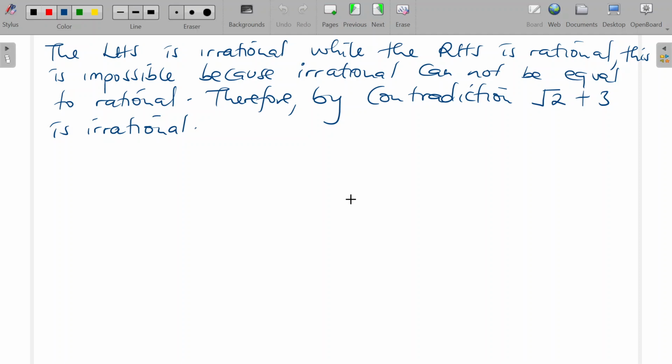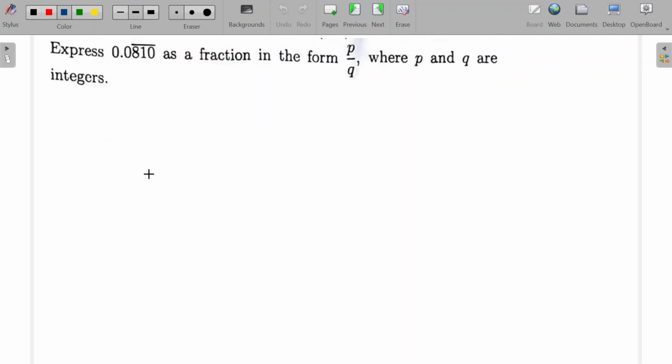Okay, now we move on to the next question. Our next question is asking us to express 0.0810 repeating as a fraction in the form p over q, where p and q are integers.